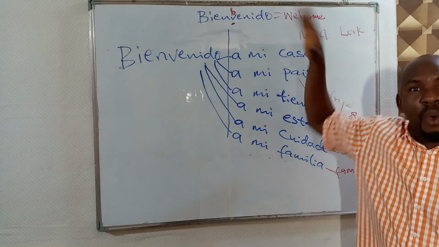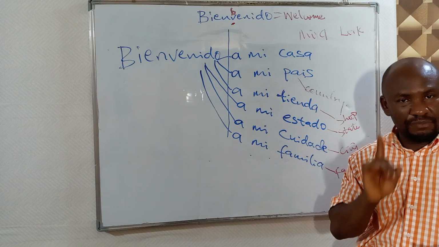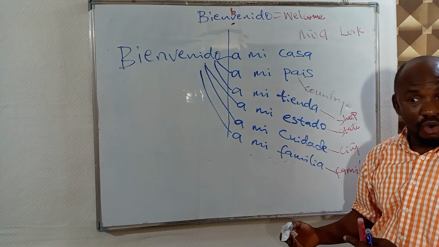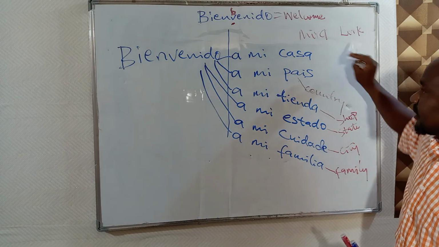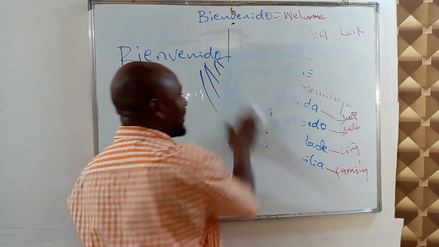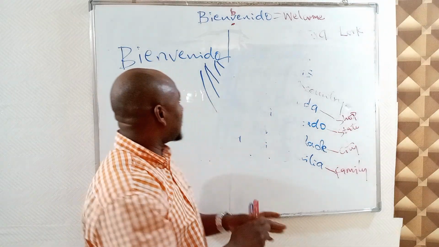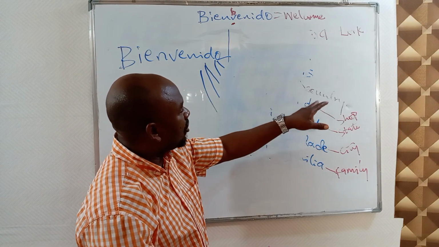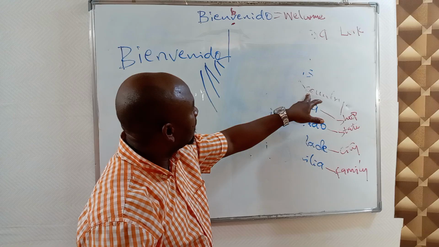This is just a welcome. I believe you've learned this now. Now let's move to the next. I'm going to clean the board. I will now move to the next class. In case you've not copied, your assignment is the one, uno, tres, cinco, seis.